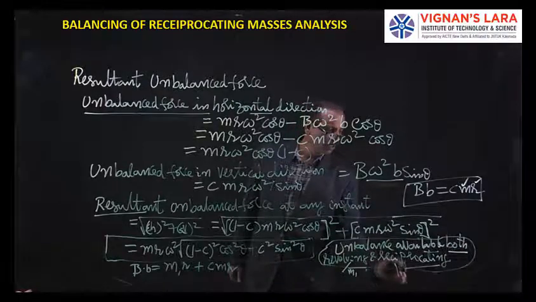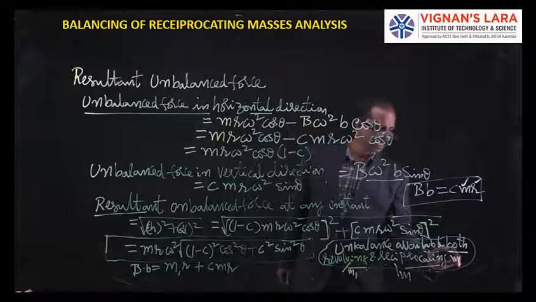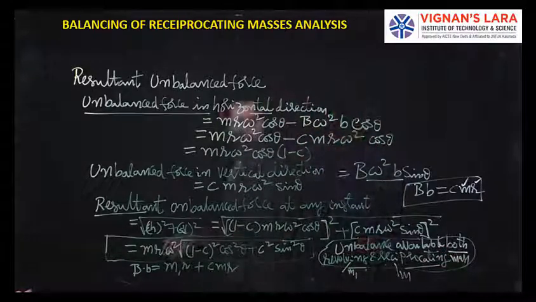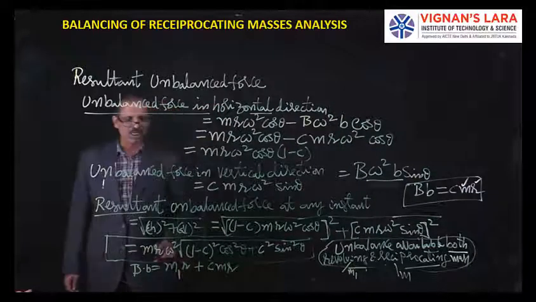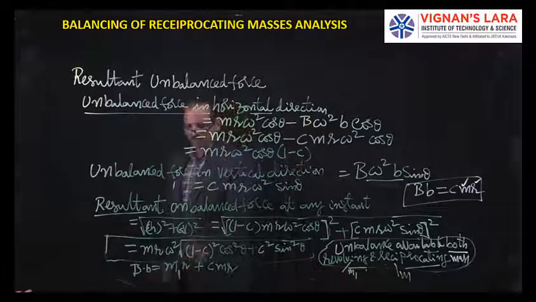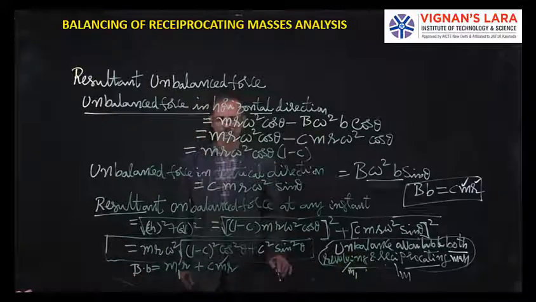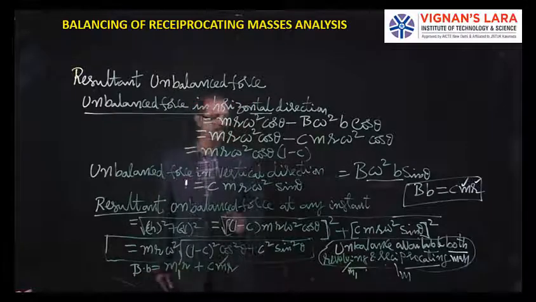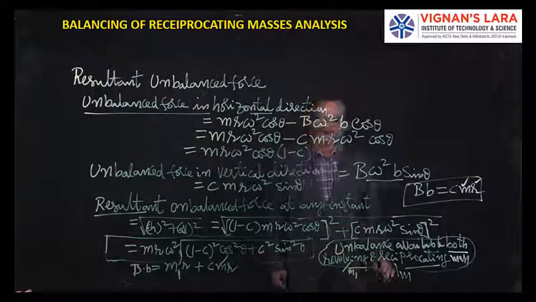So the reciprocating mass is m and the revolving mass is m1. In that case, we balance it by B b is equal to m1 into r plus c times mr. So m1 is the revolving mass, m is the reciprocating mass, r is the radius, and c is the percentage of balance that we take care of in the balancing.